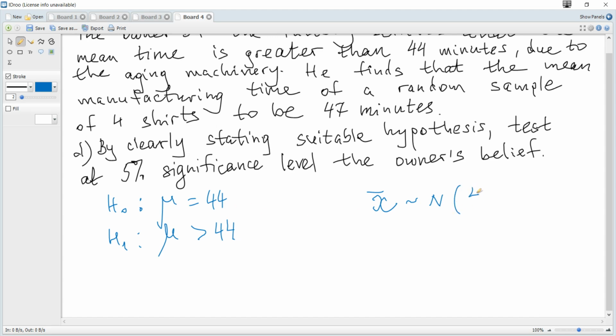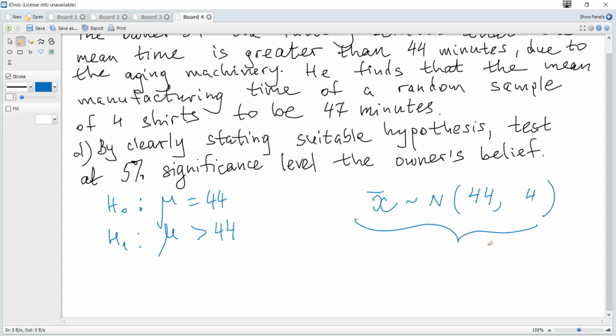It's the same mean, but the variance for the sample mean is the previous variance, which is 4 squared or 16, divided by n, and n is 4 here, so it's just 4.